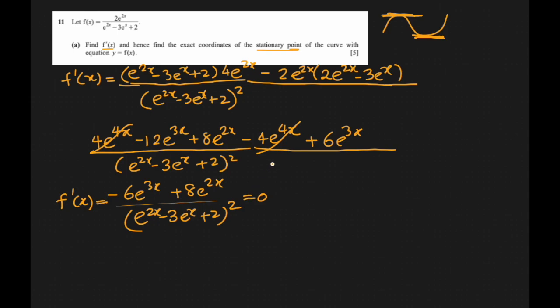Such a complicated denominator becomes 0 when we cross multiply with 0. So we are left with just minus 6 e to the power 3x plus 8 e to the power 2x equal to 0. Let's take 2 e to the power 2x common from this.